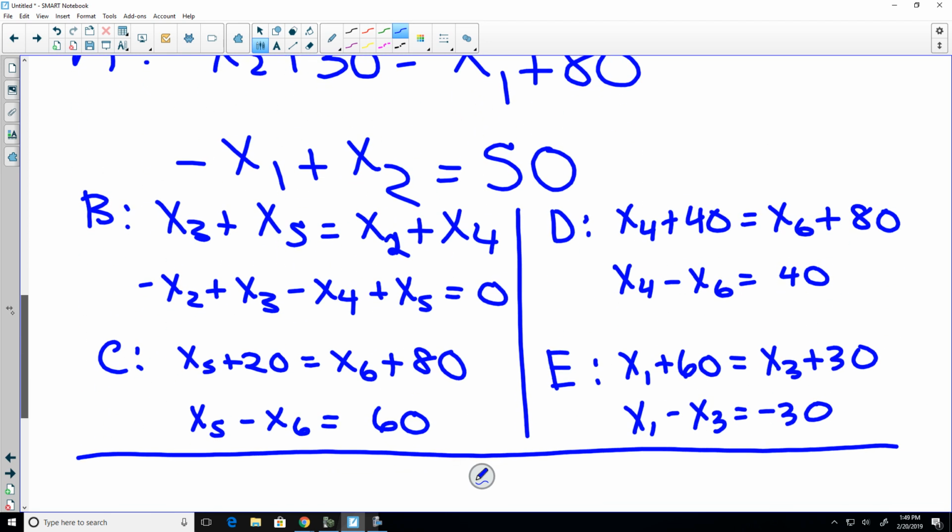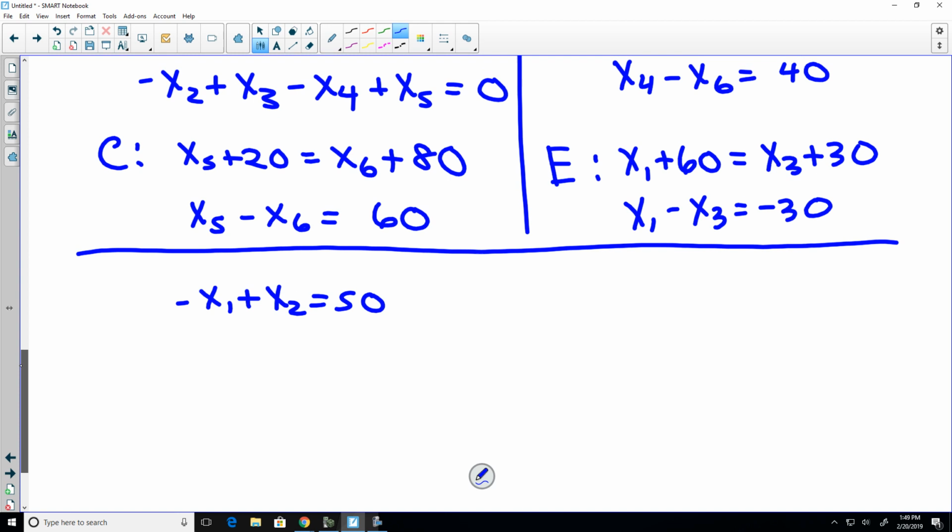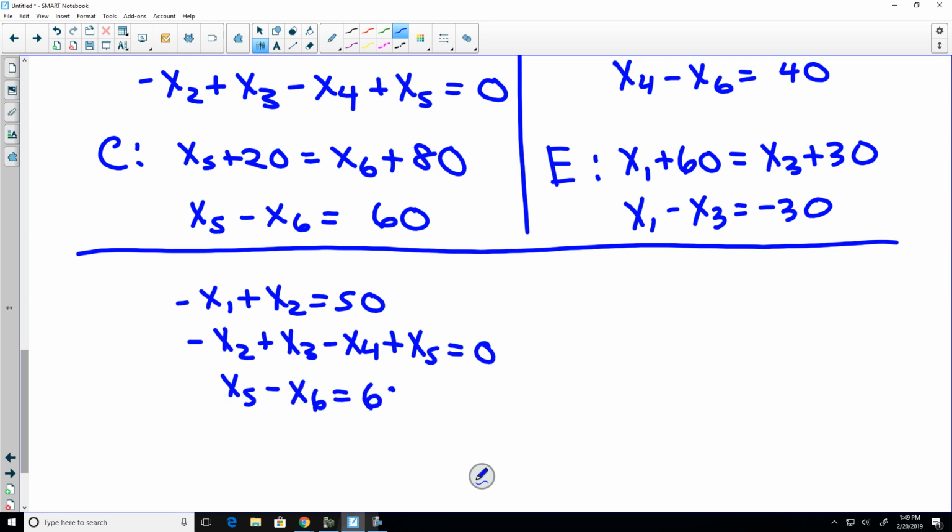This one's negative x1 plus x2 equals 50. That's A. B. C. D. And E.